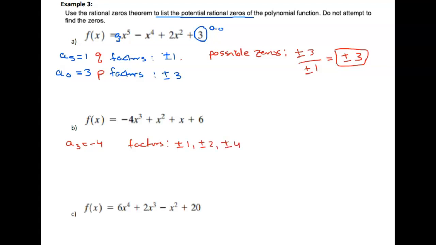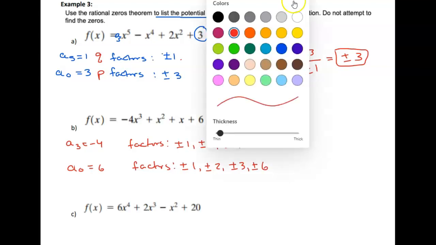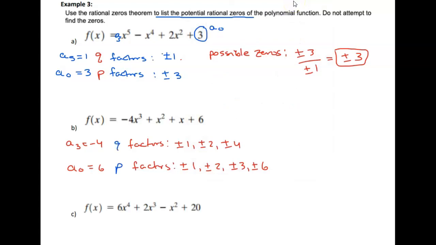Those are all the numbers that divide into negative 4. Then a0 equals the constant term, which is 6, and its factors are plus or minus 1, plus or minus 2, plus or minus 3, and plus or minus 6. So this is my P and this is my Q.